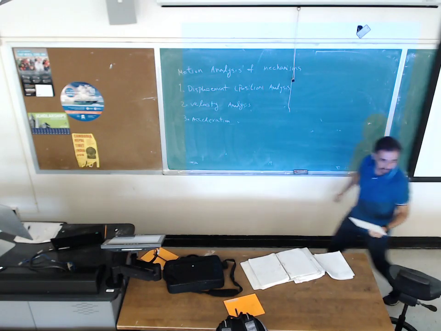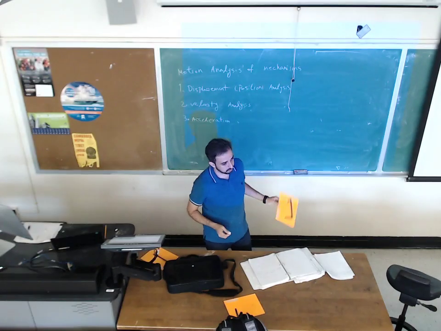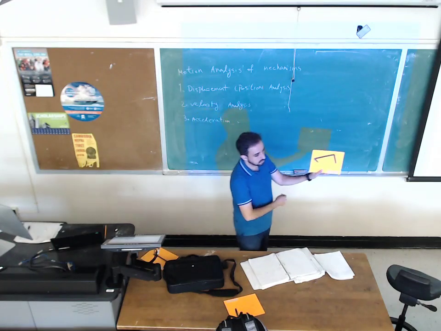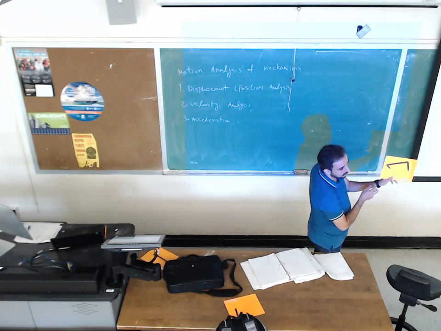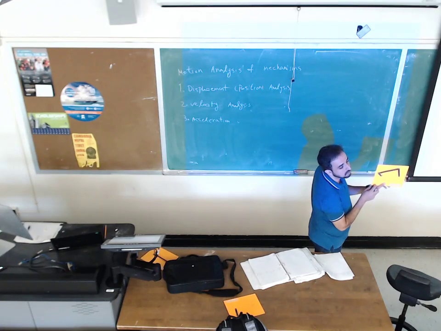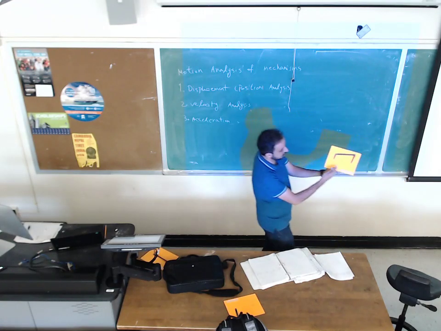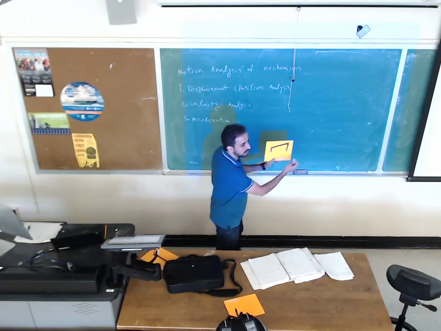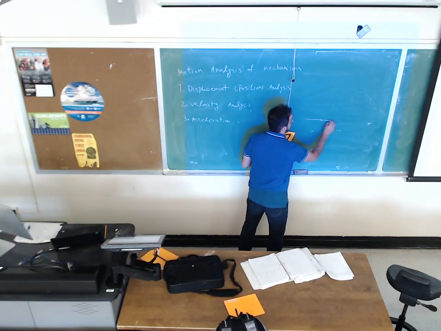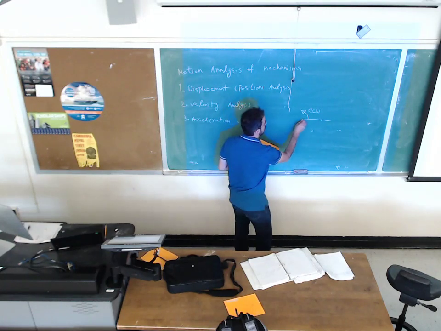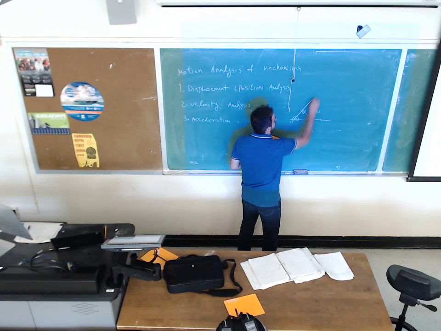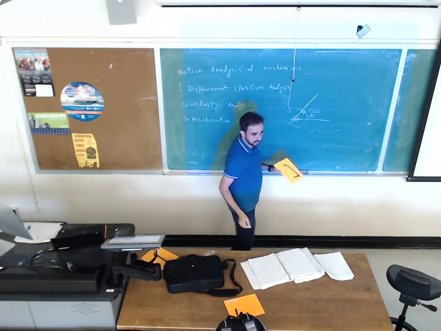Question? Yes. Is theta always the shortest angle between the ground and the crank, or is it directional? I will talk about how you can label the angles, but when we label the angles, it starts from the ground all the way counterclockwise to the link. So if this is the input angle, this is going to be theta, not this one, not the shortest.